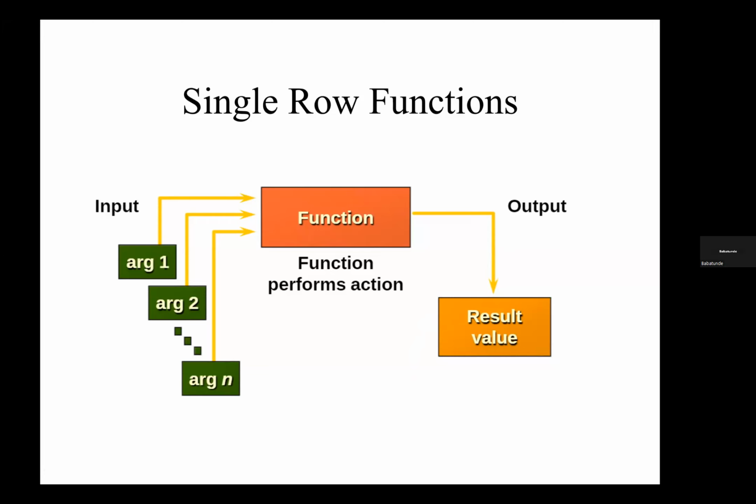Okay, so this single row function, we all know the function. We know the duty of a function, what a function is meant to do. Remember, when we do a calculation, like 1 + 1 + 2 + 3 + 4 + 5, it's only going to give you one output.